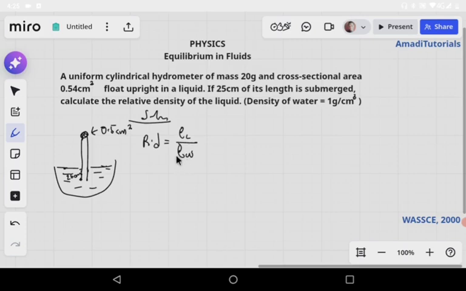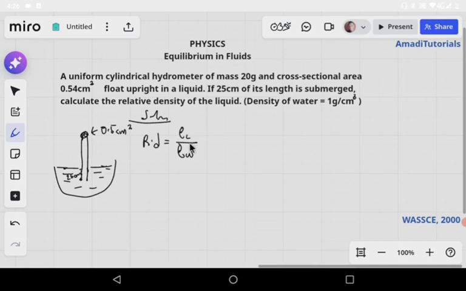There are other alternative definitions of relative density, but the main point is that whatever is on the numerator has to be compared with water. Relative density simply means comparing the mass, weight, or density of a substance to that of water, the equal parameter of water.